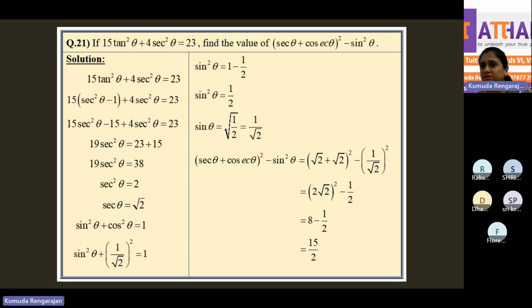Triangle, identities. You can use trigonometric identities or angle. If it's a standard angle, you can use a table and find the angle itself. Please go through this, children.